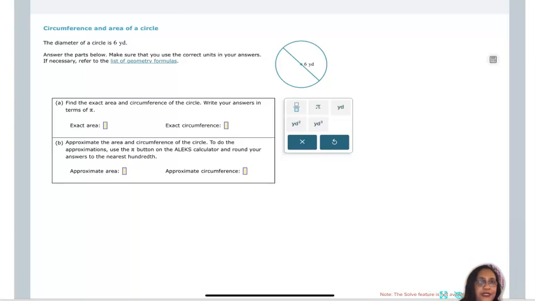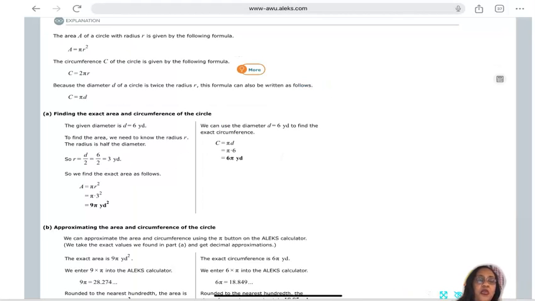And like I always say, click on the explanation. There you can see the formulas for the area and the circumference. So the area of a circle with radius r is A equals pi r squared. And then there's the more tab, which probably has more explanation of each part of the formula.